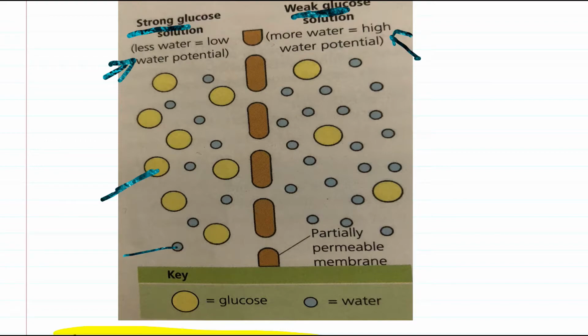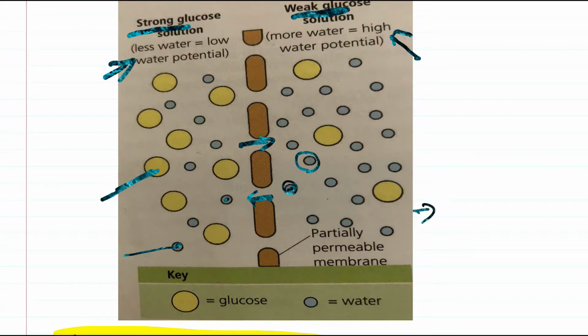So I have the glucose molecules and I have the water molecules. Which one is smaller? The water molecules. Which one can easily pass through the holes of the partially permeable membrane? The water molecules. So the water will move from higher water potential to lower water potential.